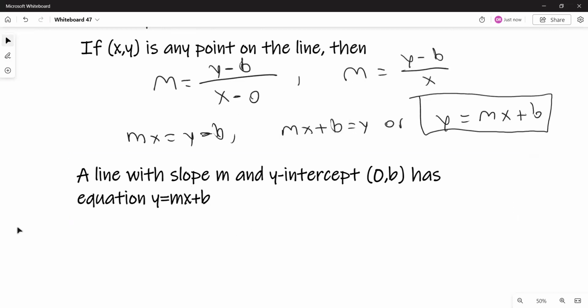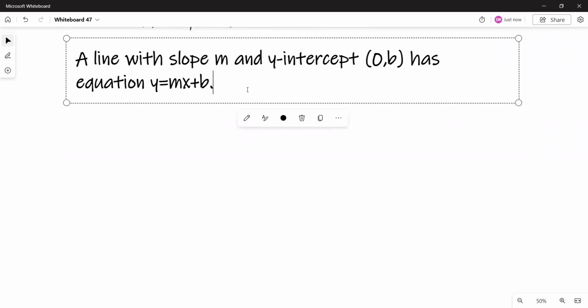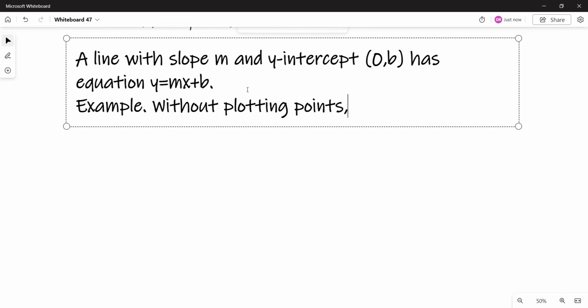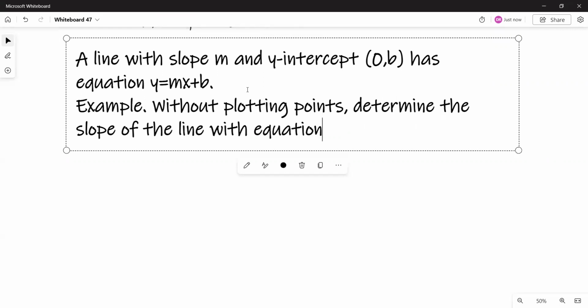So this is the slope-intercept form of the equation of a line. And now, without finding points, determine the slope of the line with equation 5x plus 3y equals 10.